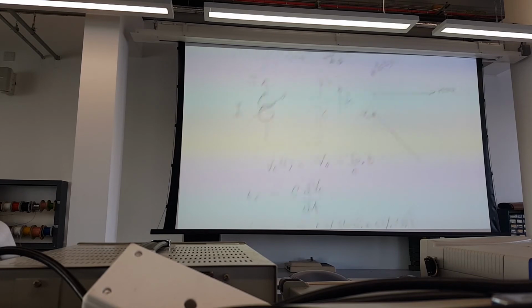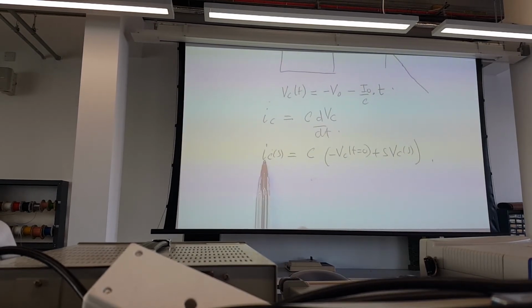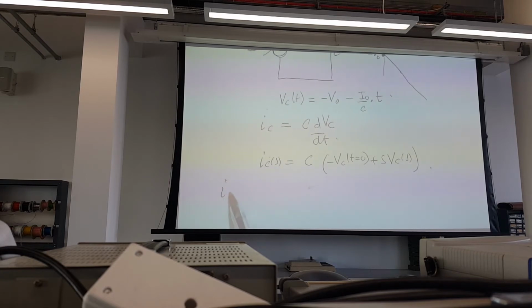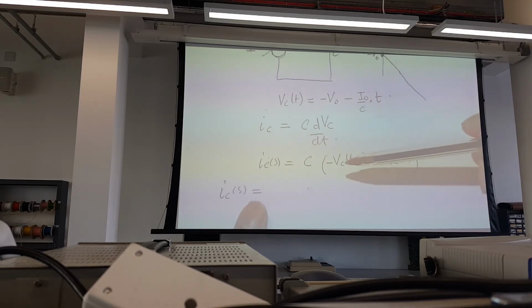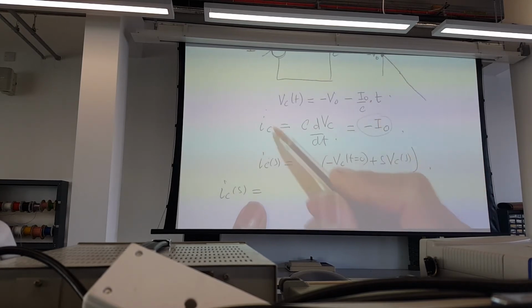Now we've got to apply our understanding. What is the Laplace transform IC of S? We can write IC of S equals, if you Laplace transform, well, we know that IC is equal to minus I naught. We know that is the case.